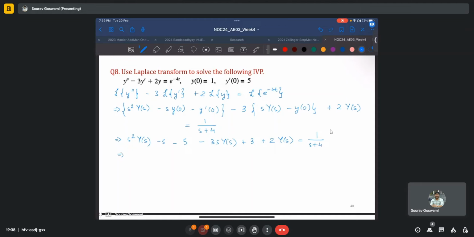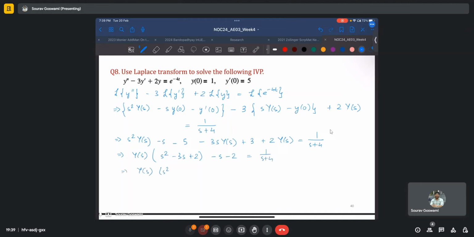Now this is an algebraic equation, so we collect the terms. Y of s times s square minus 3s plus 2, minus s, minus 2 equals 1 by s plus 4.